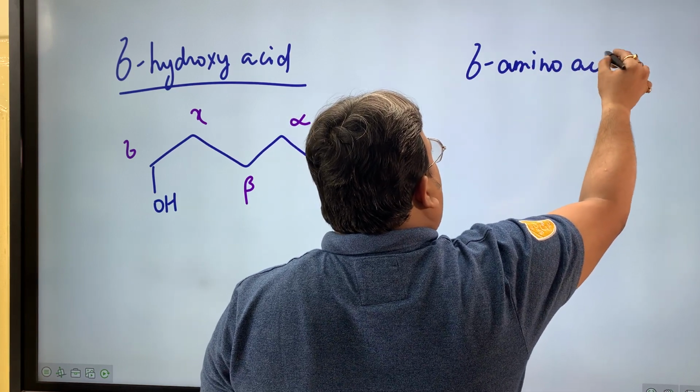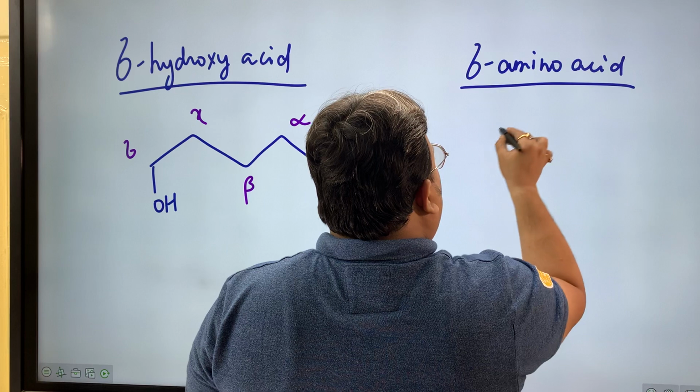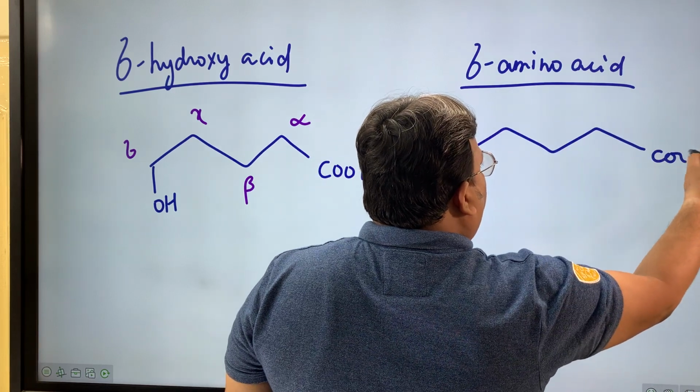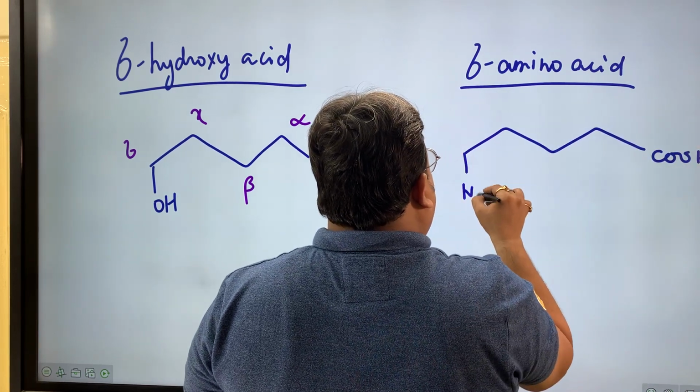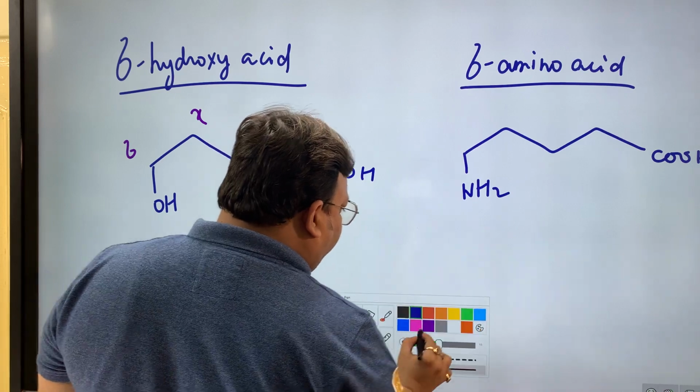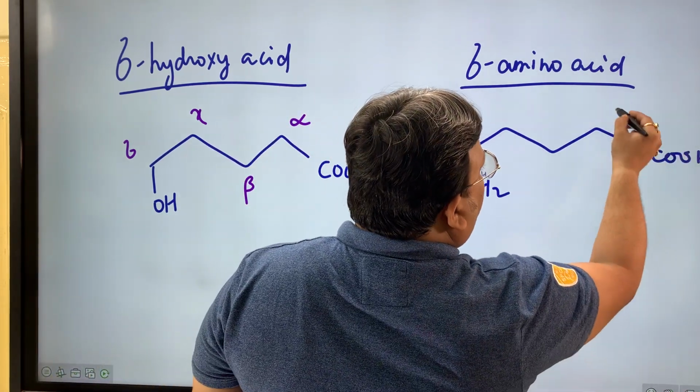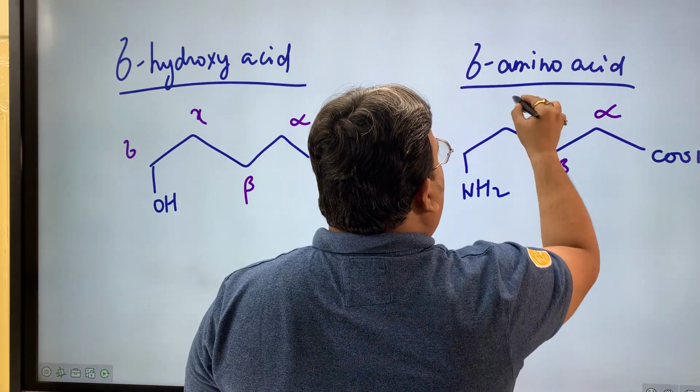A delta amino acid will look like NH2 here at the delta position, and naturally alpha, beta, gamma, delta.